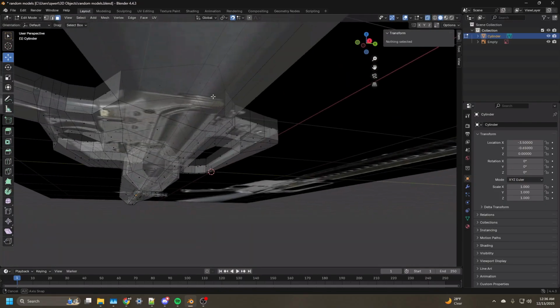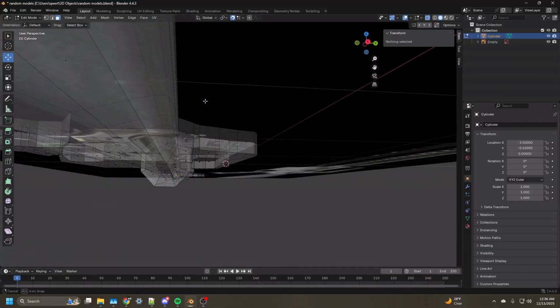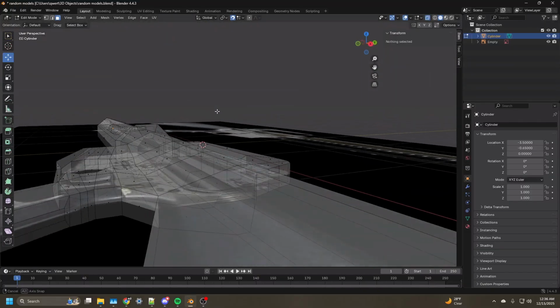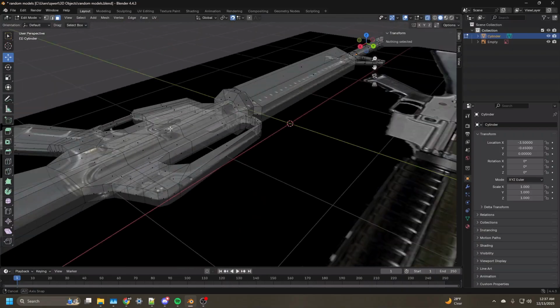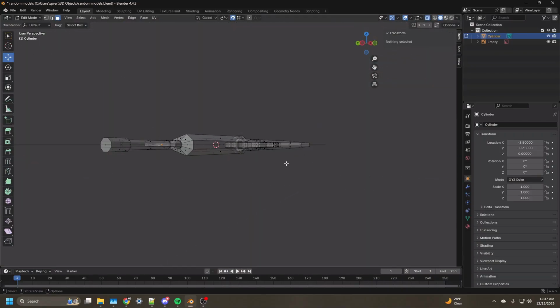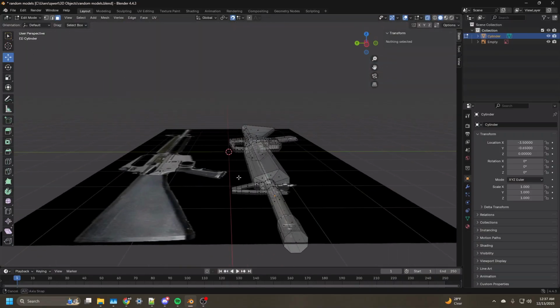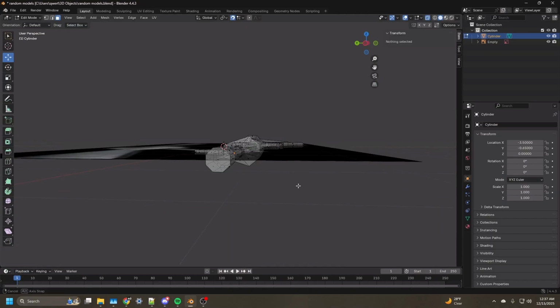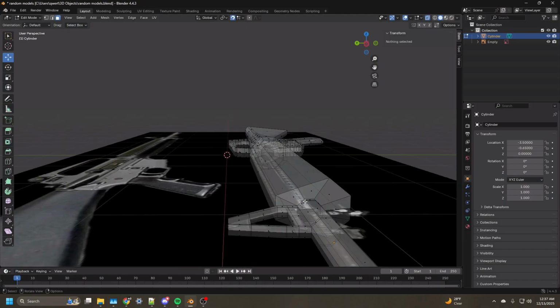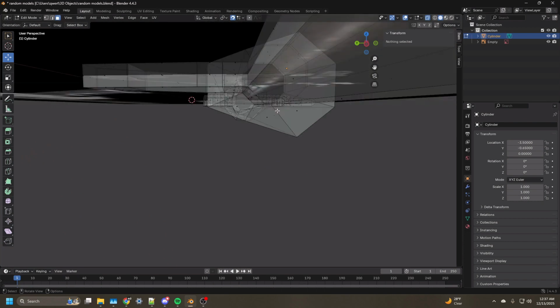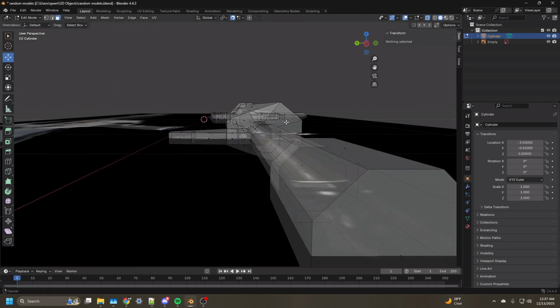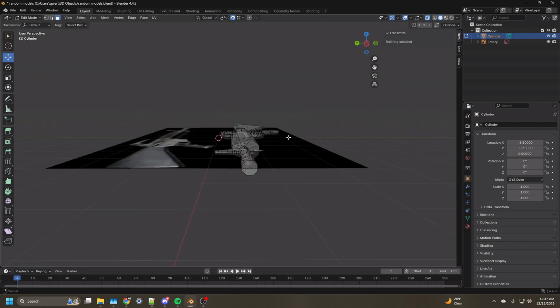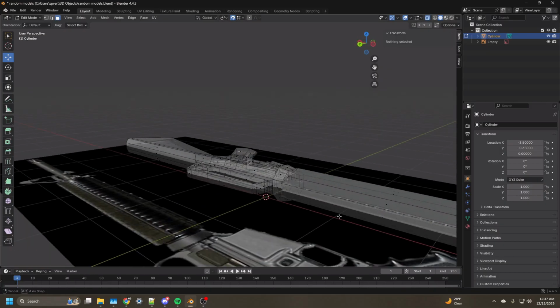It's actually done. Oh, except for the top, that's not finished. Yeah, that was something I should have kept. Yeah, the back end isn't fixed like that.